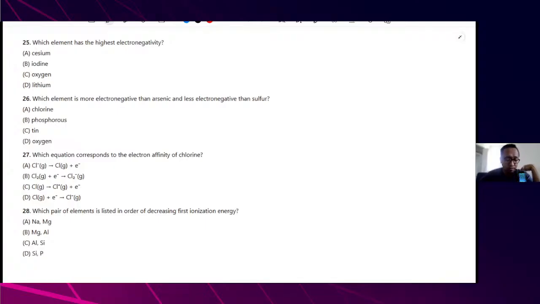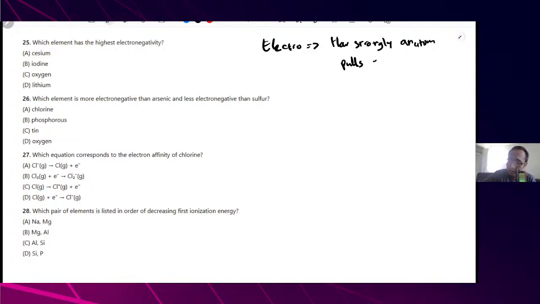So the concept is top right, except the noble gases. Electronegativity is all about how strongly an atom pulls electrons in a bond.